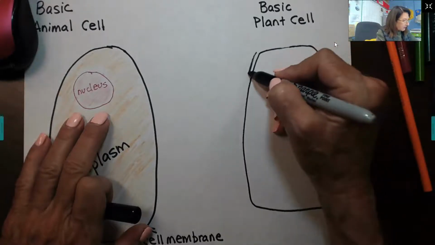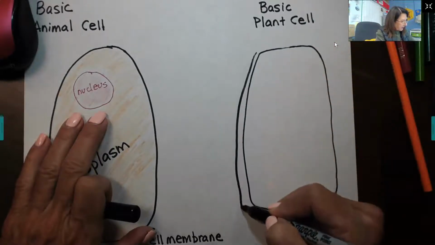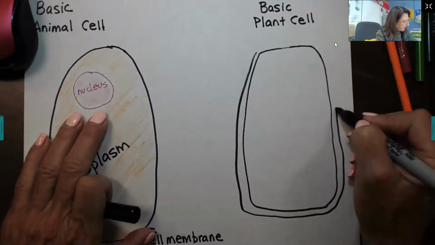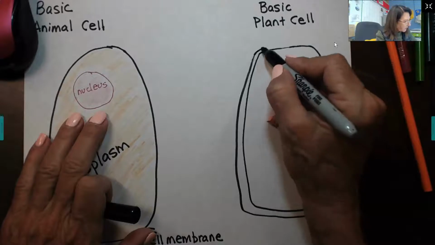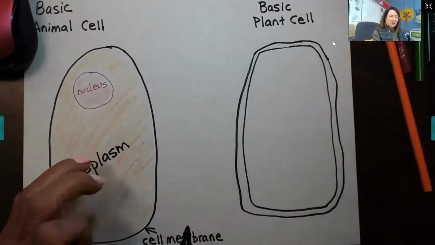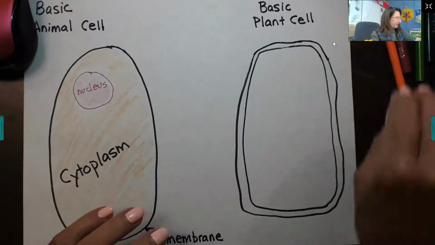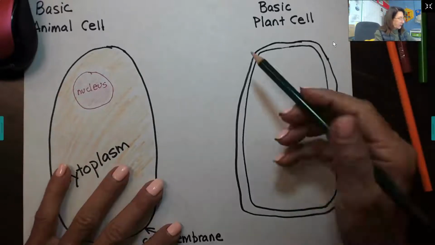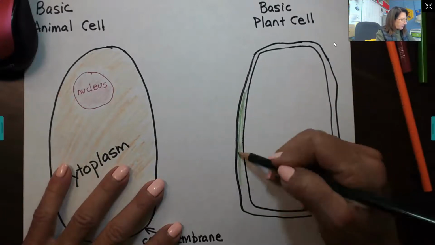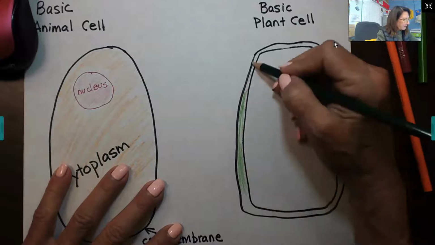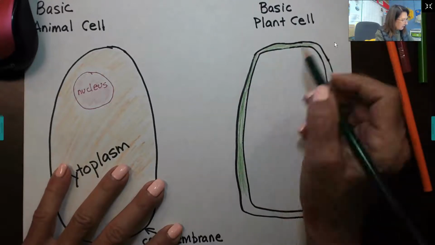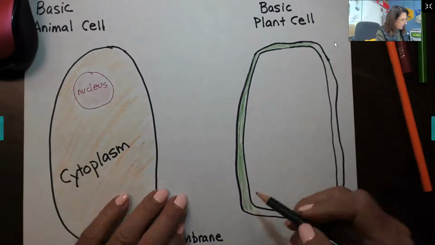So here's my cell wall, goes right around it. Not the best drawer again. So that's my cell wall. So I'm going to add color. I'm going to put green because plant cells are green, generally speaking. So we're going to add this color around here.